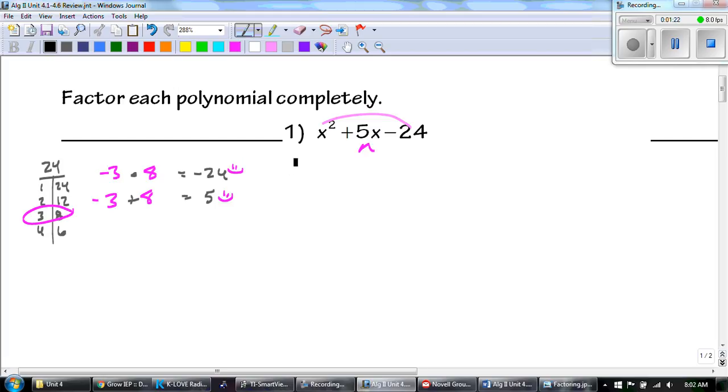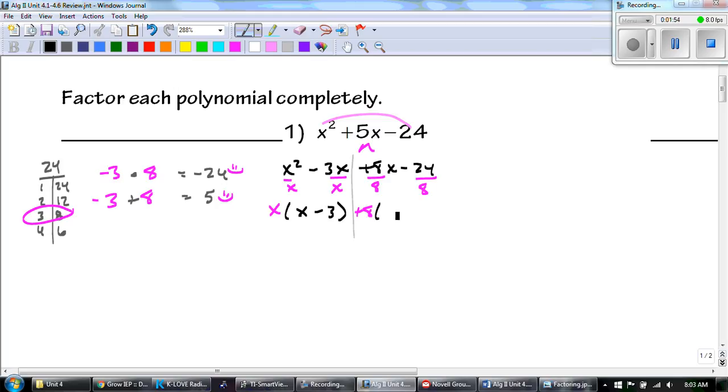So that means I can split that middle term. So we have x squared minus 3x plus 8x minus 24. Okay, and then I can take the GCF out of the first group, which is an x. The x comes out front, and we're left with x minus 3. The GCF at the back is an 8, and it was a positive 8.